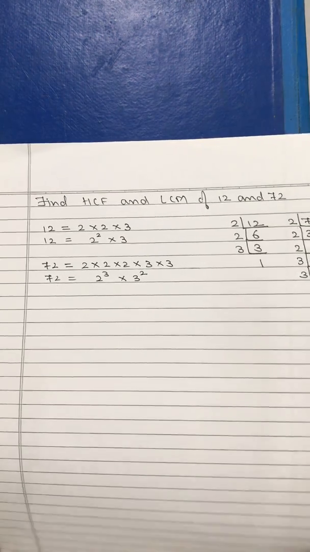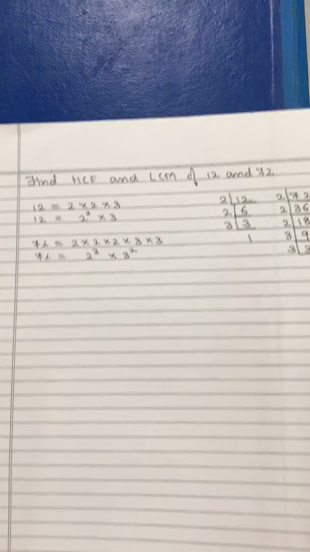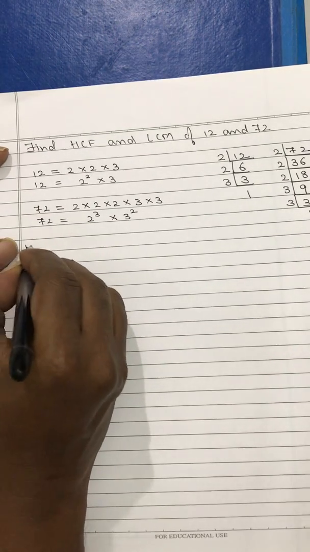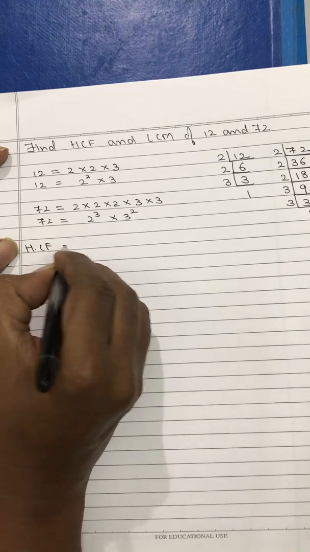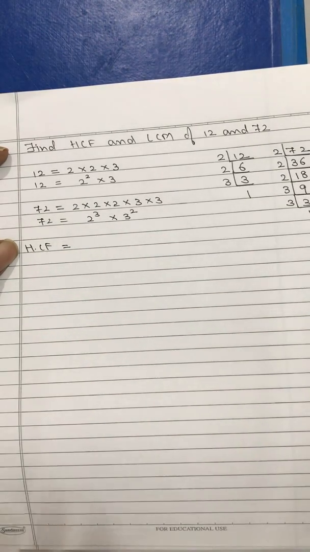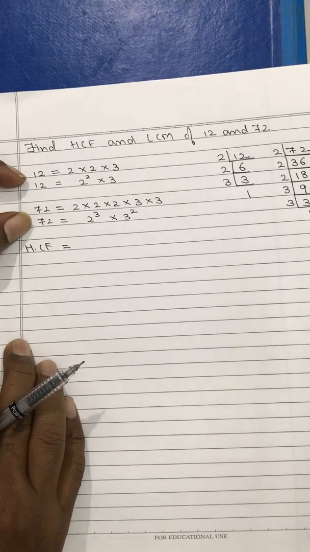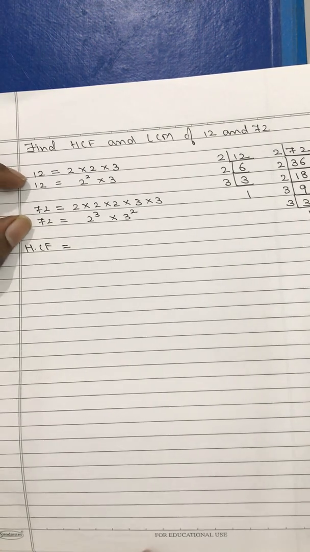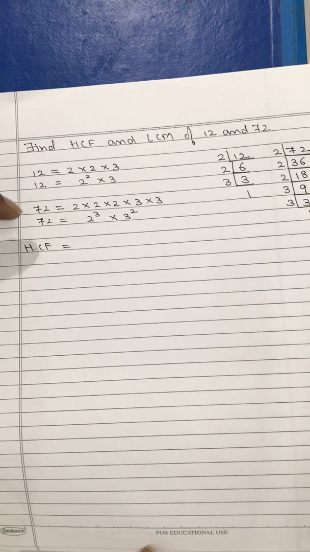Now what next? See here, my dear students, HCF and LCM. When we are going to find the HCF of 12 and 72, we have to notice two things. First is common factors. Common factors are the factors which are present in 12 also and 72 also.